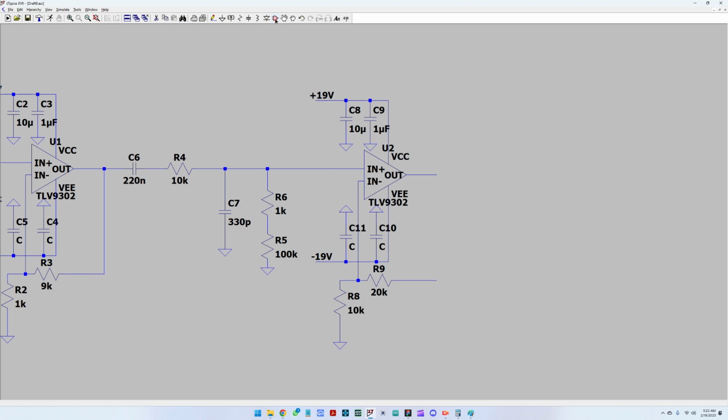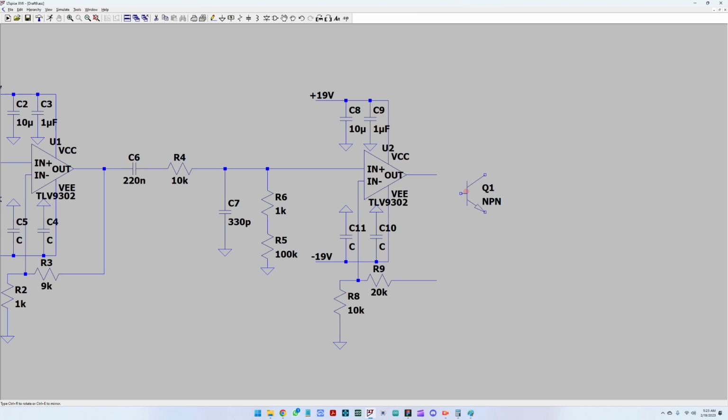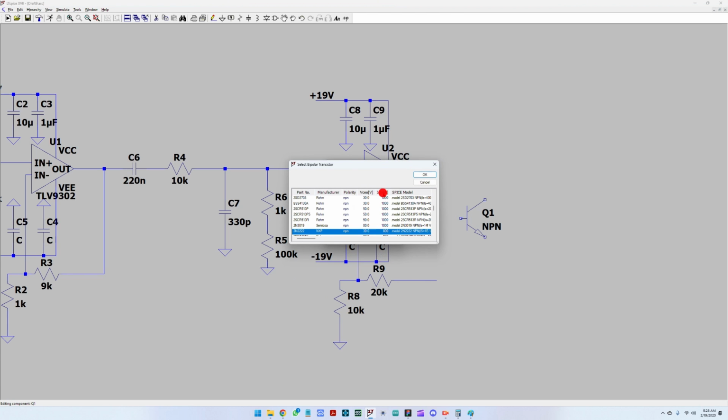Going forward to the biasing stage. So for the biasing stage here, we are going to use some transistors. I'm just going to place some standard transistors, but these can be changed further on in the development stage. So here, let us pick like a 500 milliamp transistor. Let's see if I can find my favorite BC 87040 from NXP.